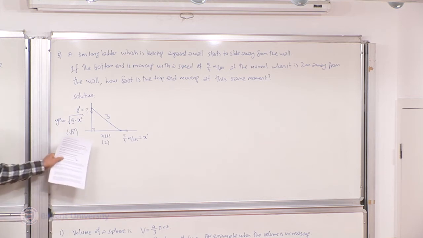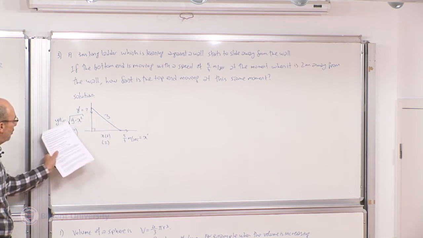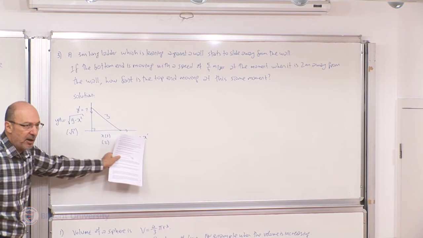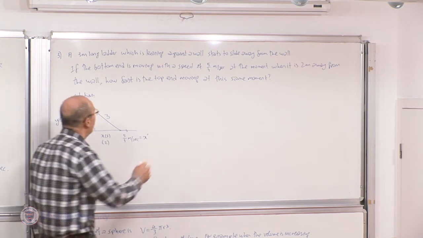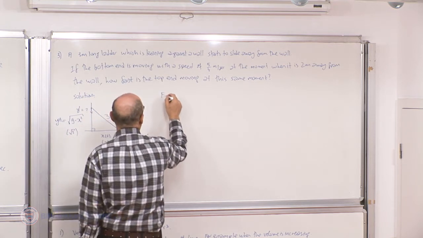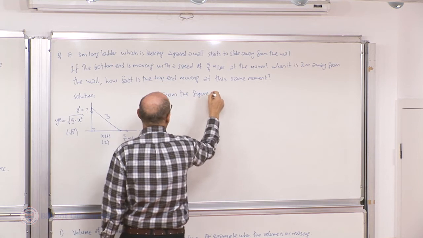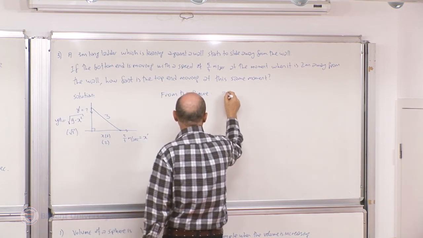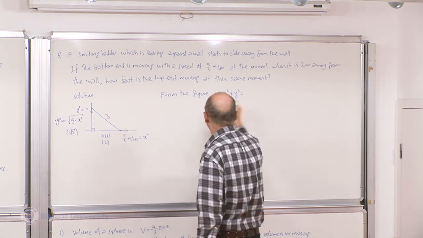At a given moment, 3, square root 5, and 2 are given, x and y are given, x prime is given, y prime is asked. From the figure, we have x squared plus y squared equals 9.